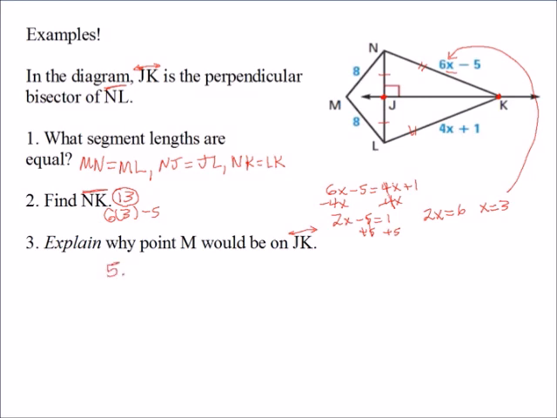So according to theorem 5.3, if M is the same distance to the two endpoints, which it is, M is 8 units to N and M is 8 units to L. Since MN is equal to ML, that's equal to 8 and that's equal to 8, we know that M lies on the perpendicular bisector.